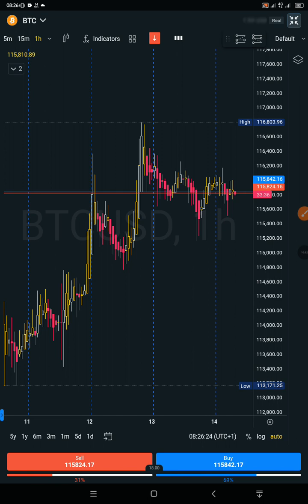Whether Bitcoin is 115,000 USD is not your business. You can still use your support and resistance just the way you use it on Japanese candlesticks. All you are concerned about is you being right in respect to where you predicted the market is going to go, based on your own skill and your analysis. So that's for Heikin Ashi candlestick.